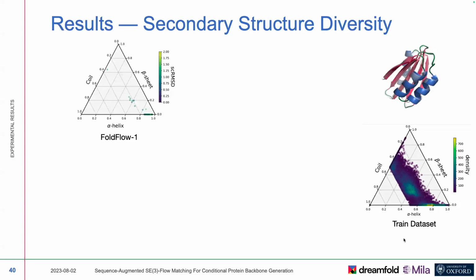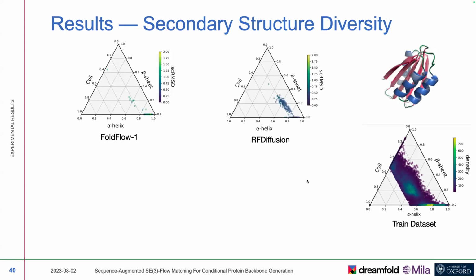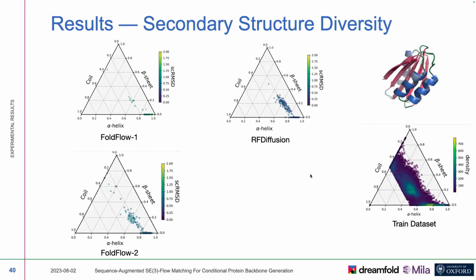What you see in FoldFlow-1 is that it suffered pretty significantly from mode collapse, where almost all of the generations were helices. RF diffusion is substantially better at capturing the modes, but doesn't really capture the spread of the distribution as well. For FoldFlow-2, we see a substantially better improvement in this spread capture of the distribution relative to the training data set.